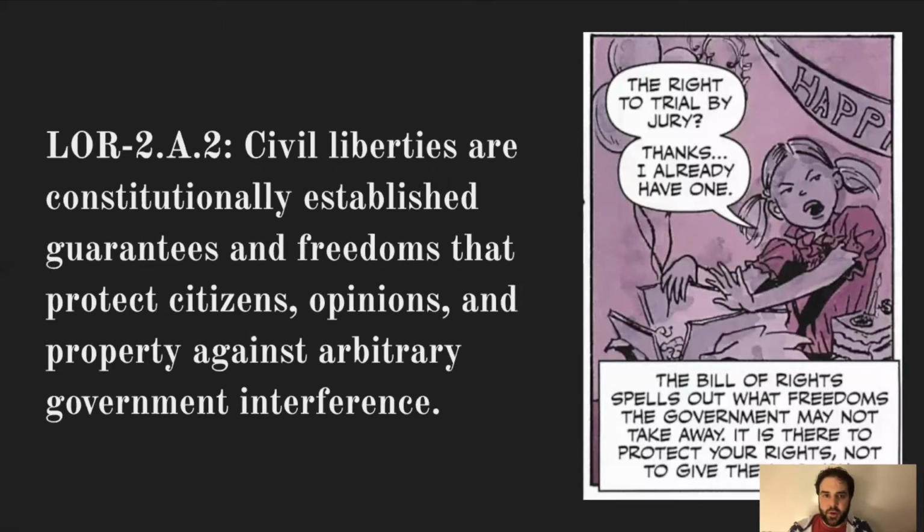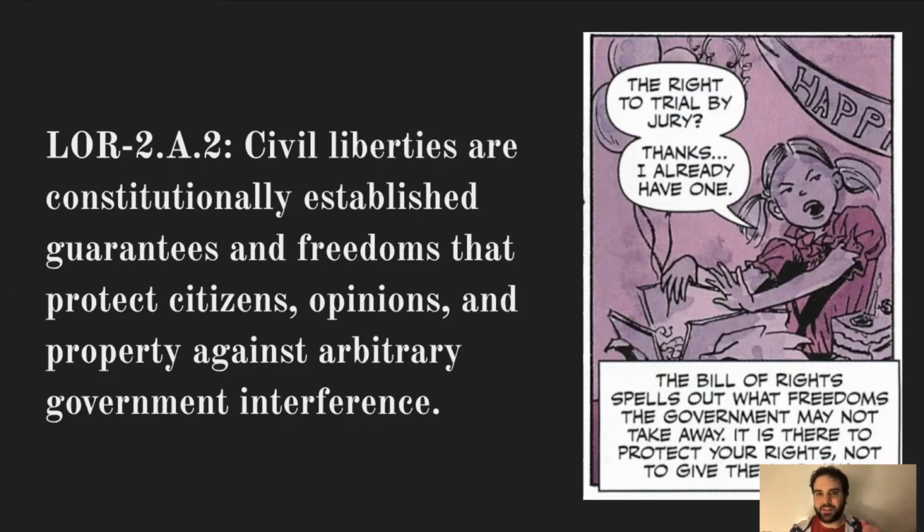The College Board has aptly focused what you need to know on a few different learning objectives. This one actually quite well encapsulates the true essence of why it's important to understand the First Amendment, one of a number of civil liberties, those things protected in the Bill of Rights that would really be better termed the Bill of Liberties, because these liberties are freedoms from arbitrary government interference.